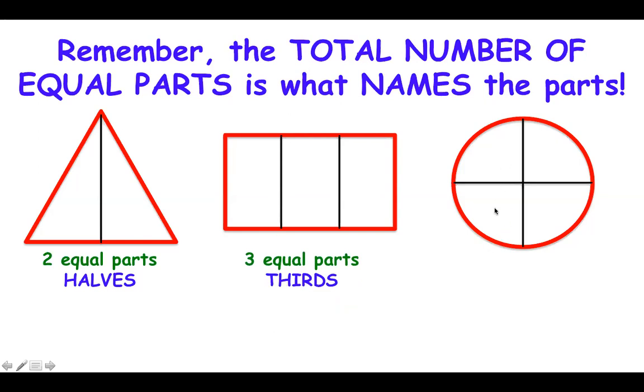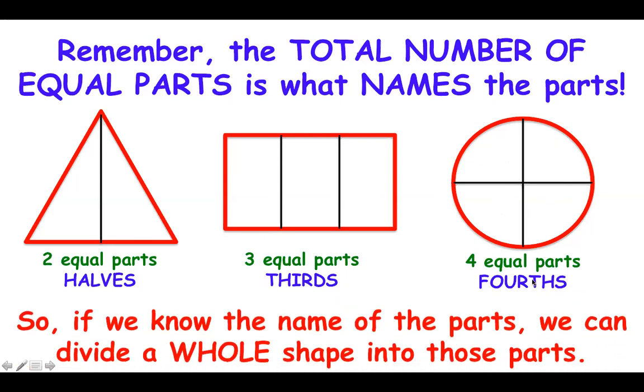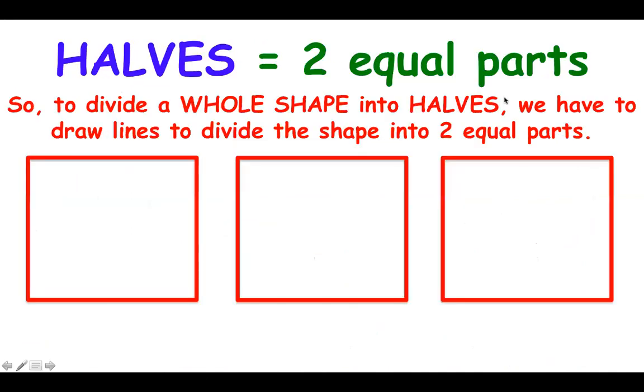And if we have 4 equal parts, like in this circle, 4 equal parts are called fourths. So if we know that 2 equal parts makes halves, and 3 equal parts makes thirds, and 4 equal parts makes fourths, then we can divide a whole shape into parts if we know the word halves, thirds, or fourths. Let me show you what I mean.